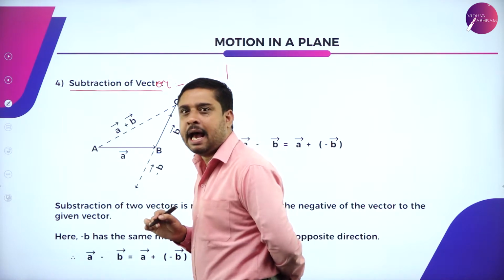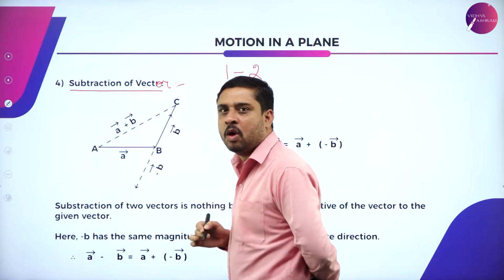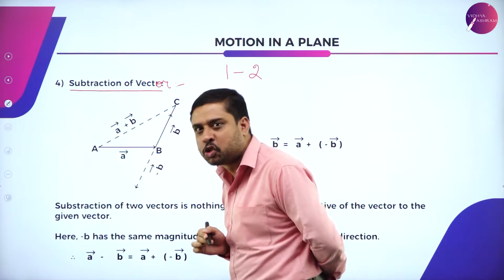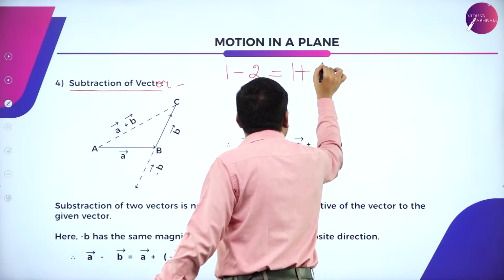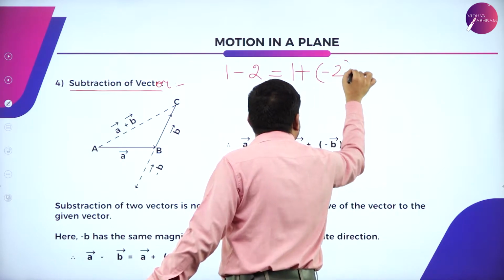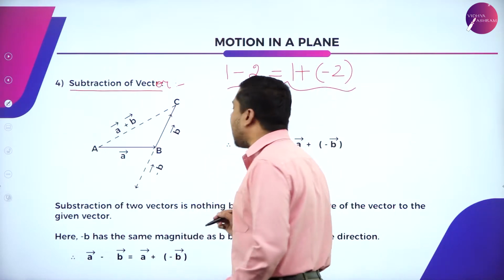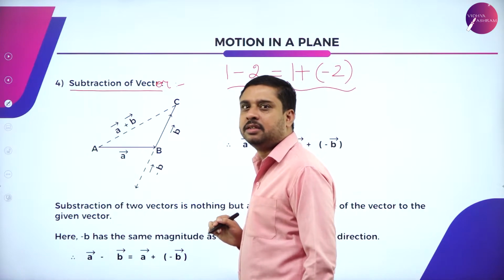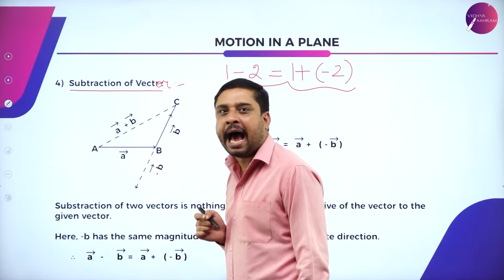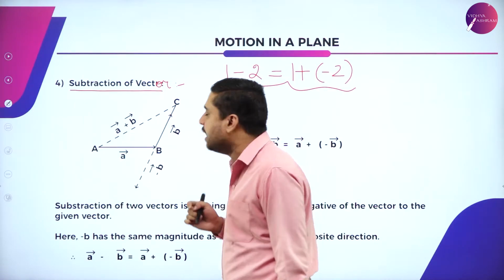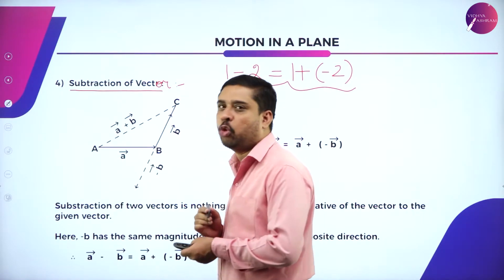Suppose I have to perform this operation 1 minus 2. It can also be written as 1 plus minus 2. Please do keep this example in mind. If 1 minus 2 has to be done, then it is 1 plus minus 2.